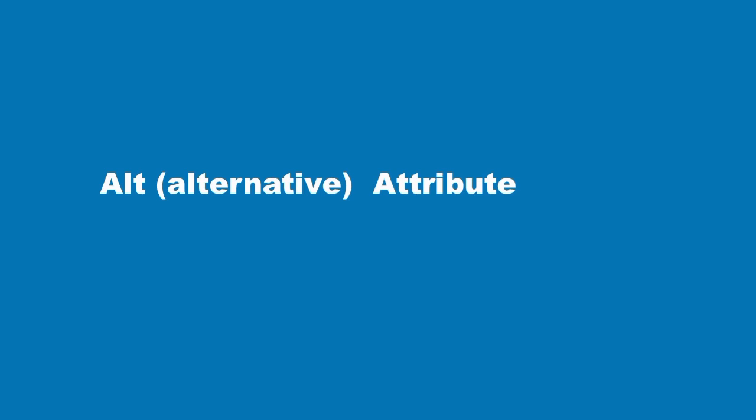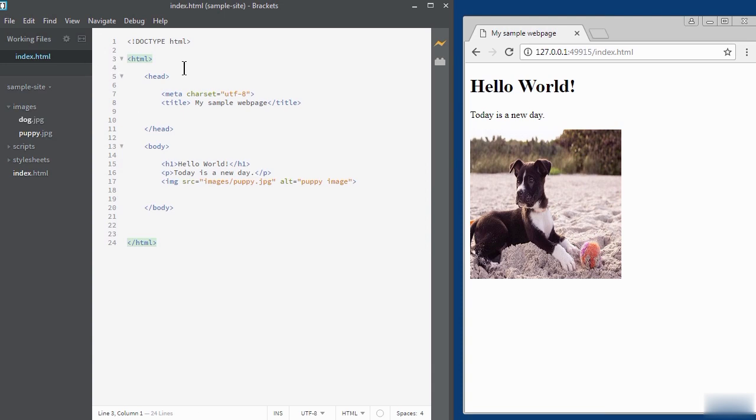This attribute basically is used to specify an alternative text to be used when an image cannot be displayed. In my code editor here inside the image tag, I've also got this alt attribute here.